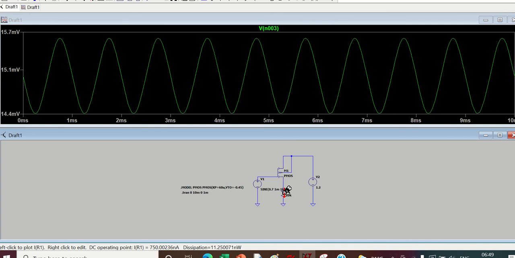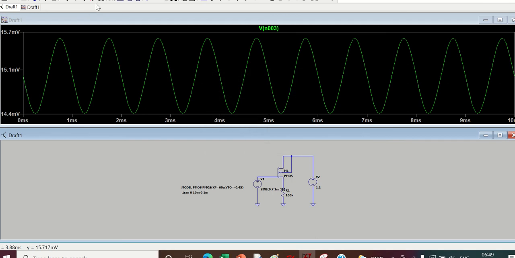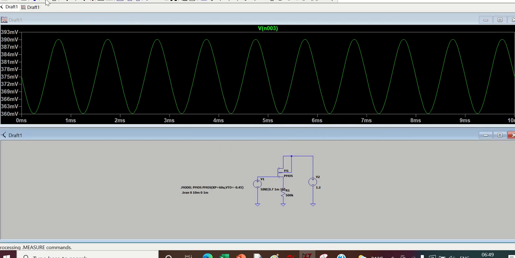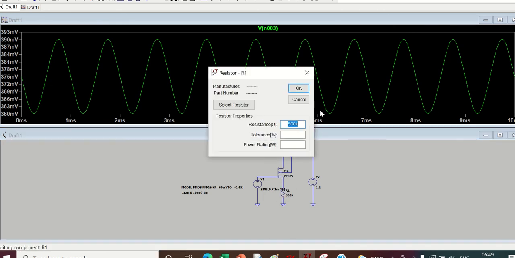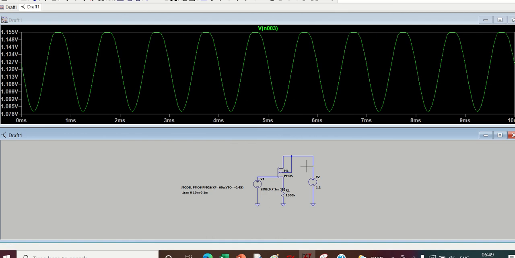Now I keep increasing this. Now you can see, it has hit the rooftop.